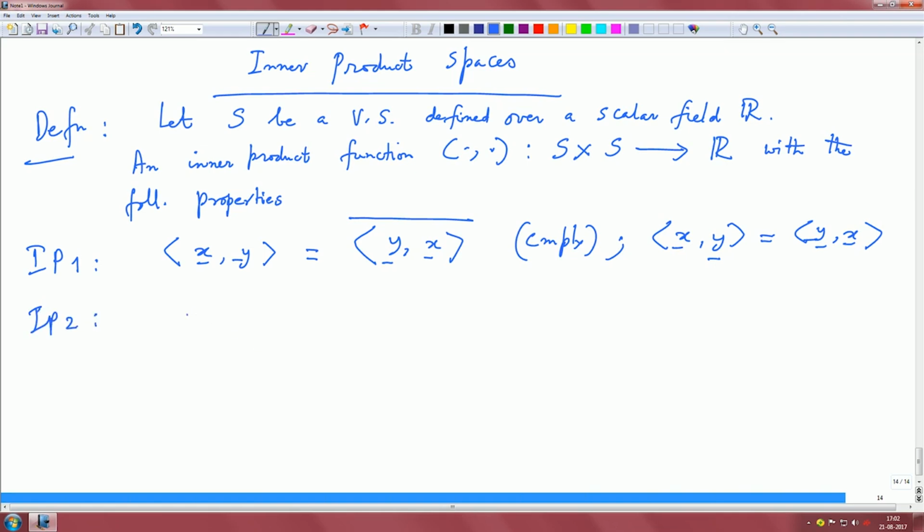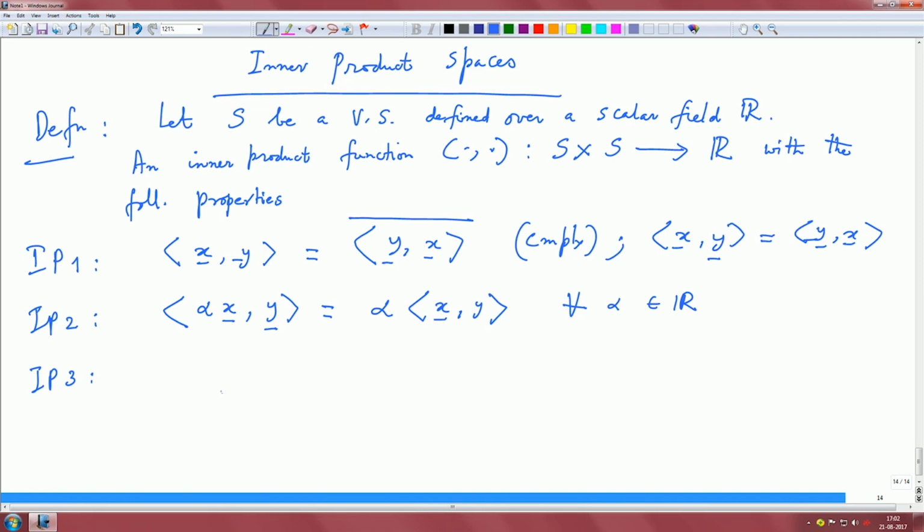We have the second property: alpha x with y. We can assume without much loss of generality that we just consider the reals for all the coordinates. If you take alpha x with y and take the inner product, it is alpha times the inner product of x and y, for every alpha belonging to the real numbers.